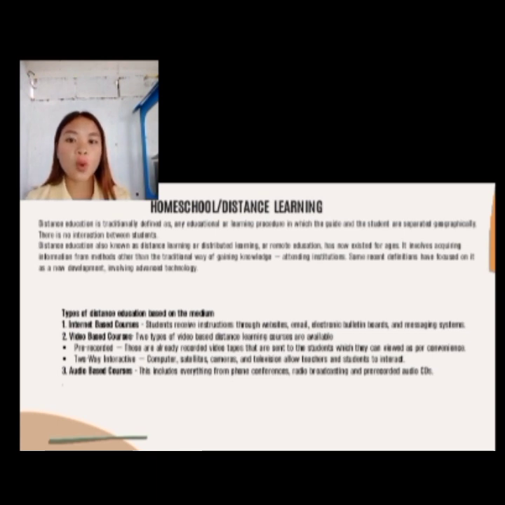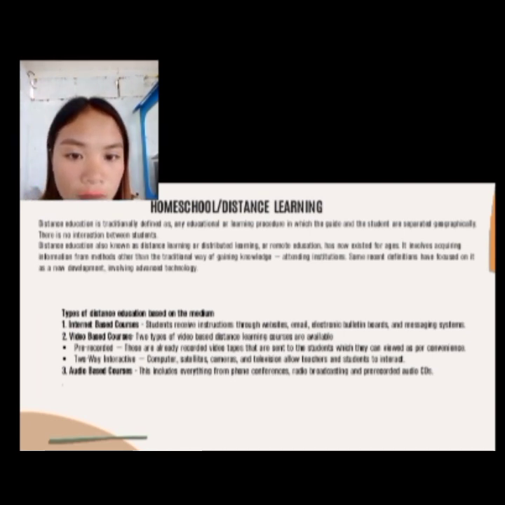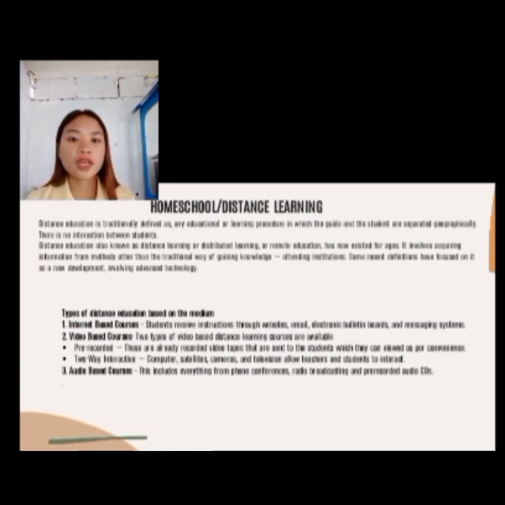It involves acquiring information through methods other than the traditional way of gaining knowledge and attaining instruction. Some recent definitions have focused on it as a new development involving advanced technology.